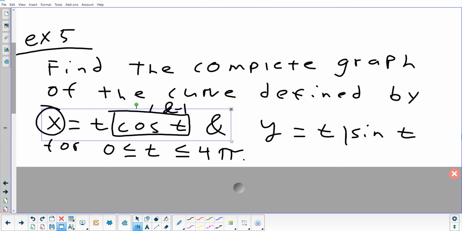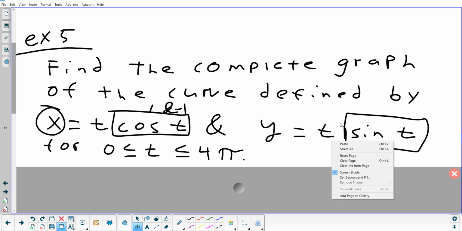Now think about sine. What's the highest and lowest that sine goes? Yep, it's also 1 and -1, so you've got the exact same situation here. y could never be bigger than 4 pi, and it could never go less than -4 pi.